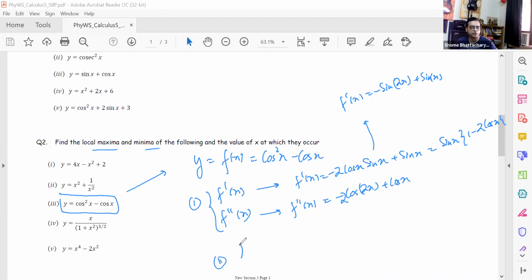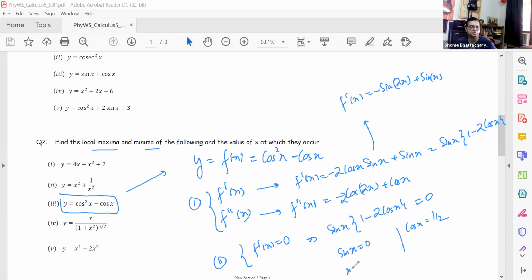Second step is to find the roots of f prime x equal to 0. For that you use this: sin x into (1 minus 2 cos x) is equal to 0. This is a very critical step. So sin x can be 0 or cos x can be half.